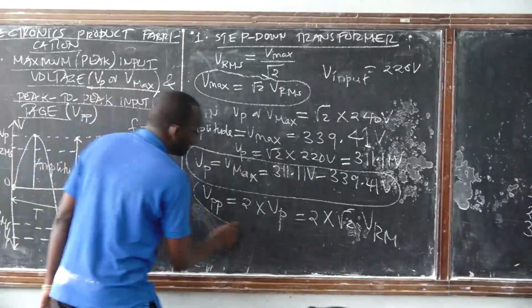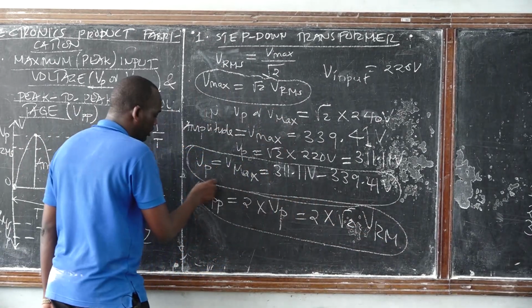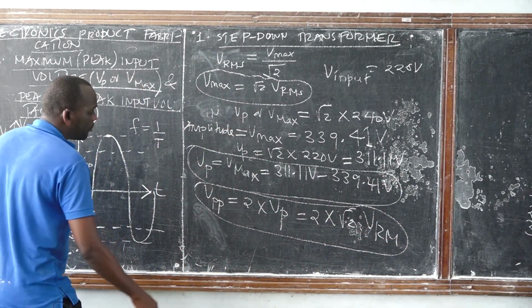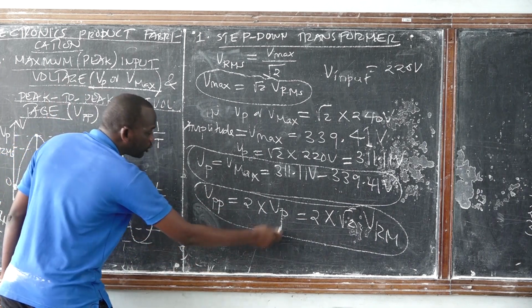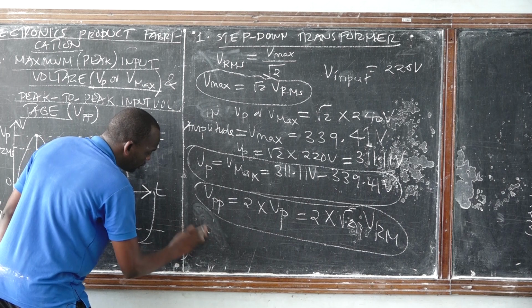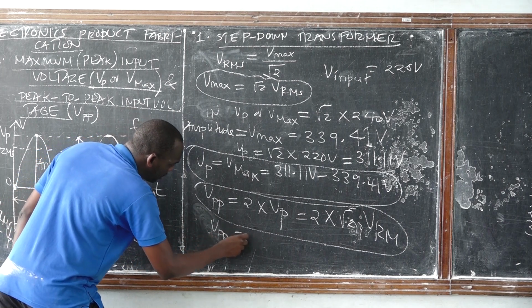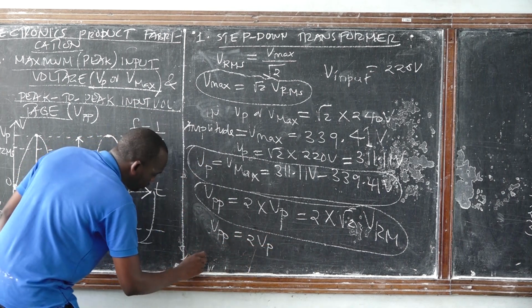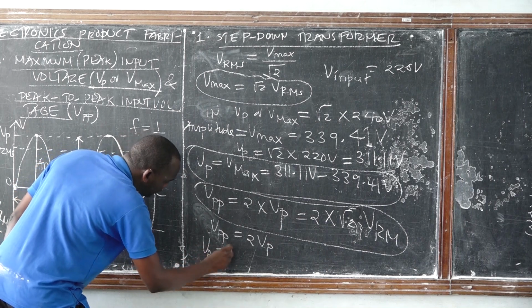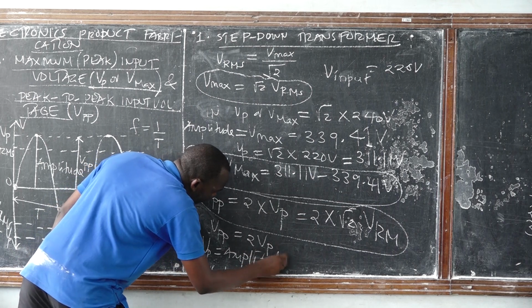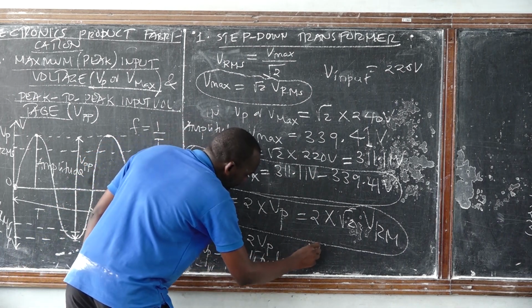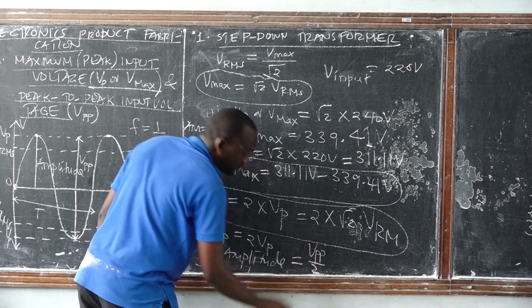So these are the formulas which can help you to get V peak. But sometimes you might be given the voltage from peak to peak, right? Then you want to compute V peak. So it's simple. V peak to peak is equal to twice V peak. So V peak, which we call amplitude, is equal to V peak to peak over 2.